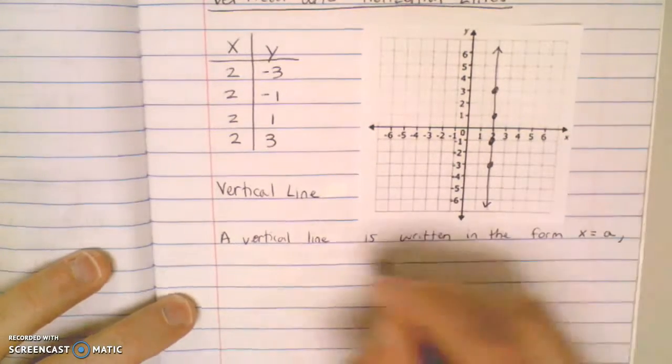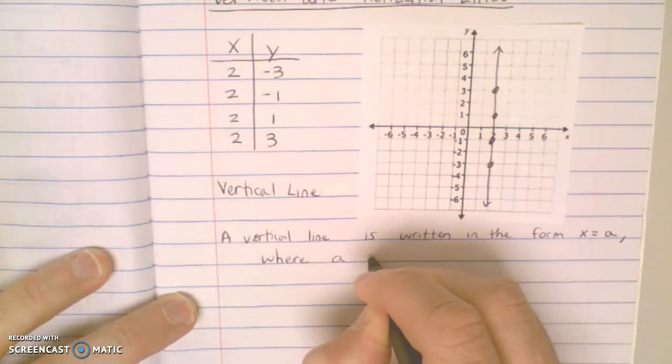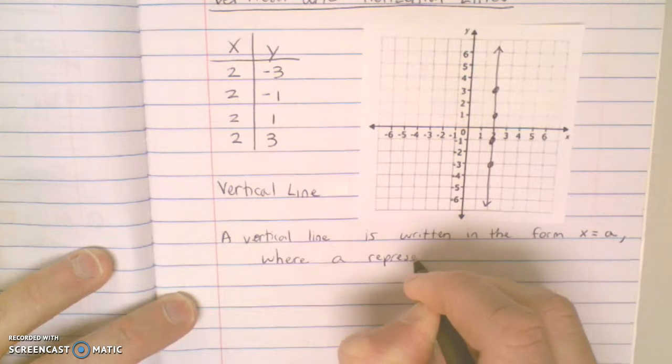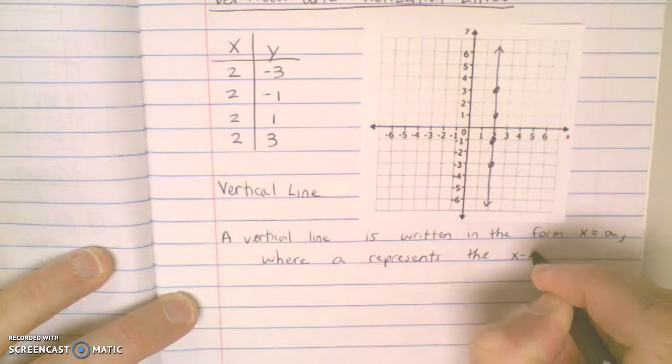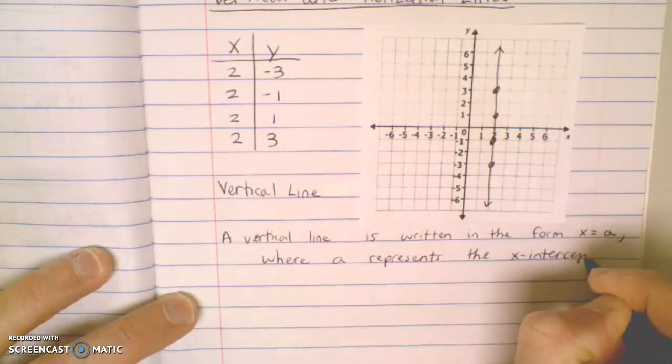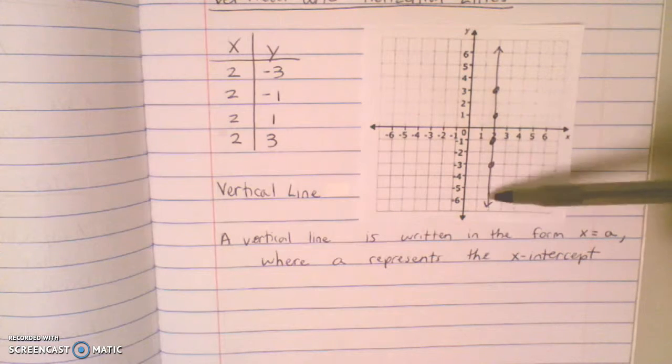And that's where a represents the x-intercept. So a vertical line is a line that goes up and down.